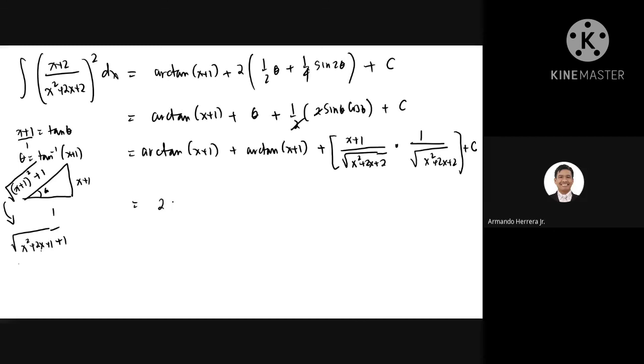So finally, combining the two terms, arctangent x plus 1 plus arctangent x plus 1 is twice that, plus x plus 1 all over x squared plus 2x plus 2, since square root times square root cancels out the square root sign, plus c.